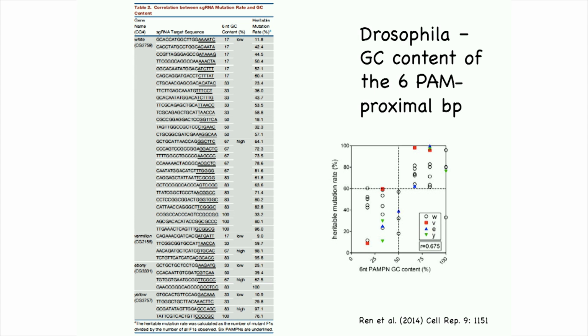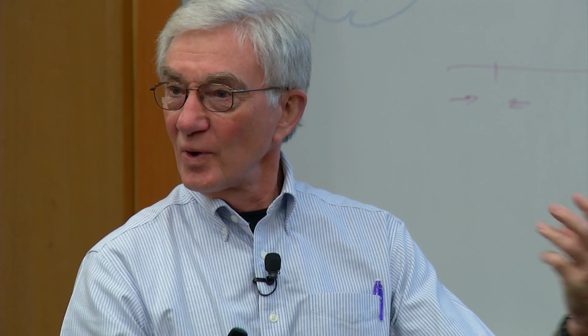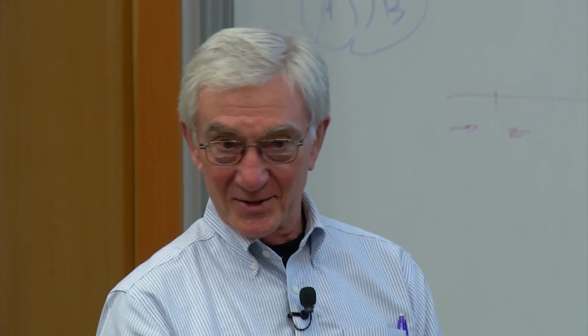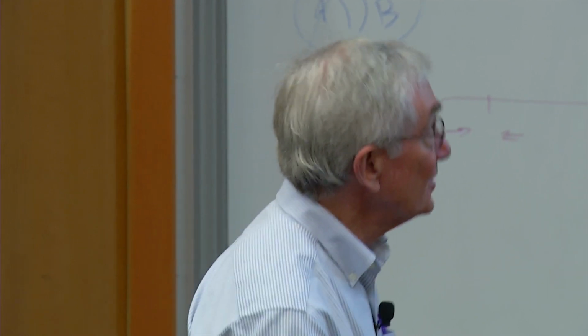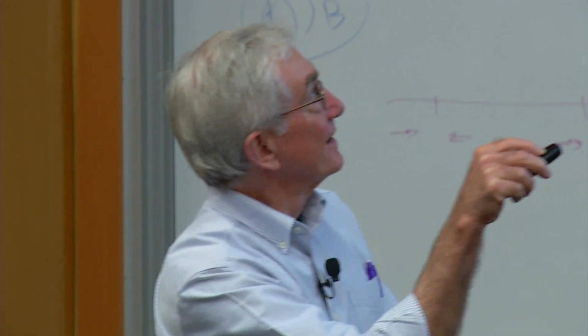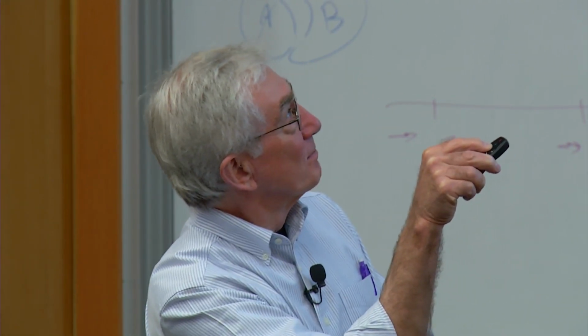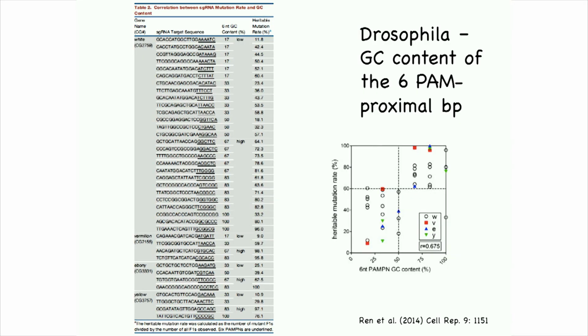Barbara has looked at this for obvious reasons. What they're doing here is they're trying to assess what target sequences work best for Cas9 mutagenesis in Drosophila. And so they categorize things by the GC content of the first 6 base pairs upstream of the PAM.